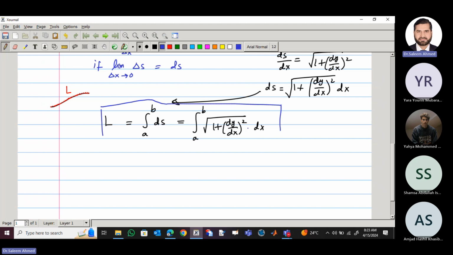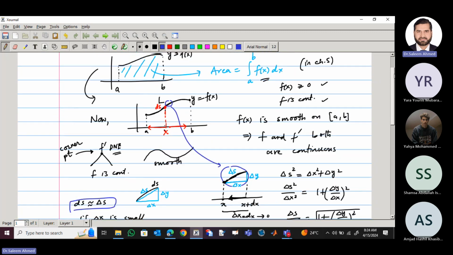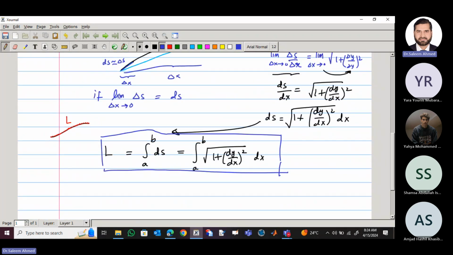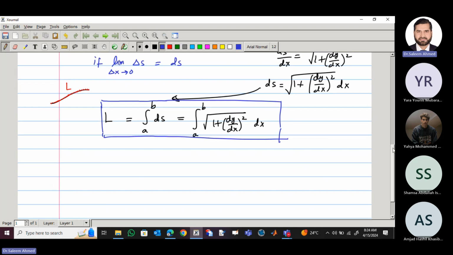Okay. So now this is the background of this formula. From now on, whenever they ask me to find the arc length of a plane curve, of course, I will not do what I did here, because here I was showing you how we can make it a formula. Now we can just use this formula and find the arc length of any function. If a smooth function is given over the interval, I will integrate square root of 1 plus (dy by dx) squared over the interval.